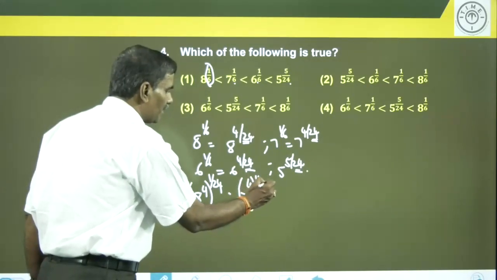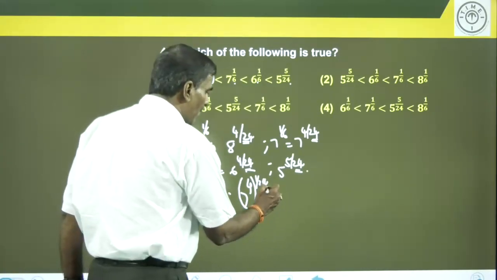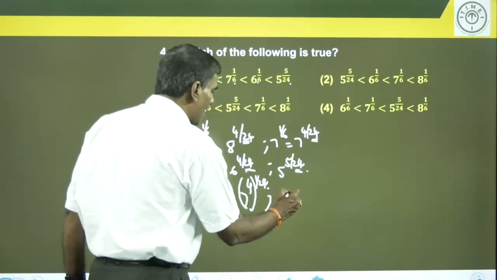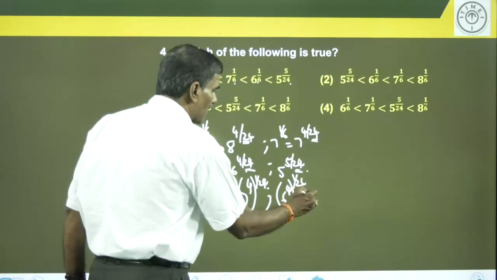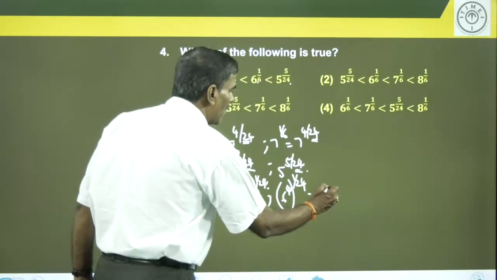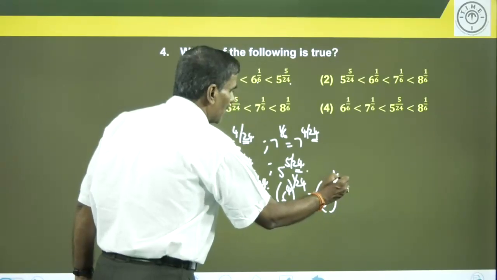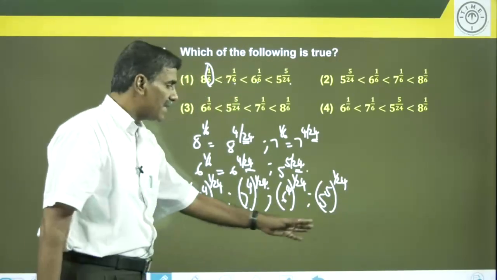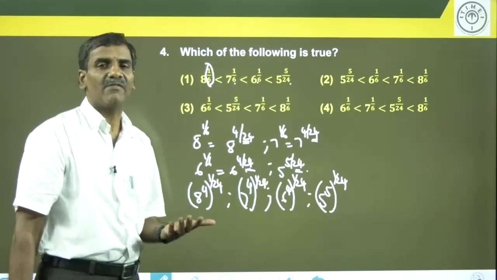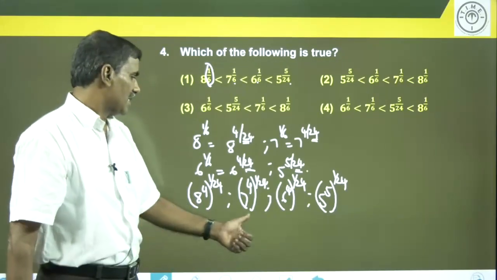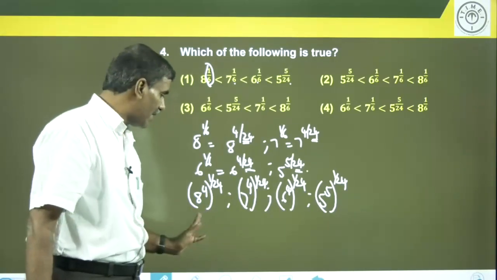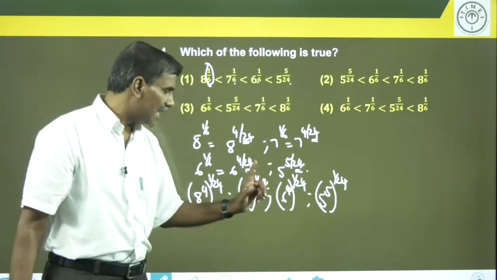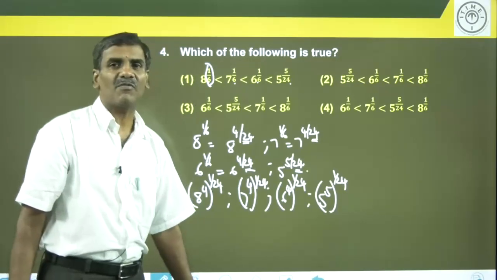Right? Similarly, 6 power 1 by 6 we can write as 6 power 4 whole power 1 by 24. And the last one, 5 power 5 whole power 1 by 24. Now, if we compare these bases, we will understand which one is greater. If I start with 6 power 4, 8 power 4 we don't require to consider because out of these 3, definitely this is greater. Right. So we start with 6 power 4 and compare with 5 power 5.